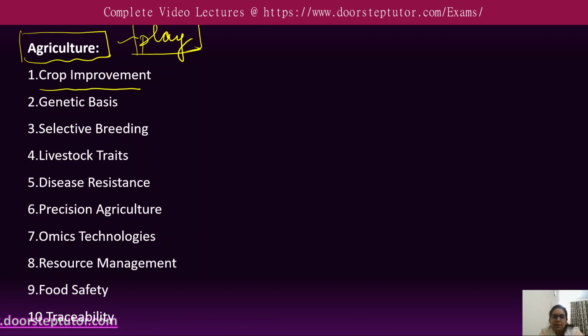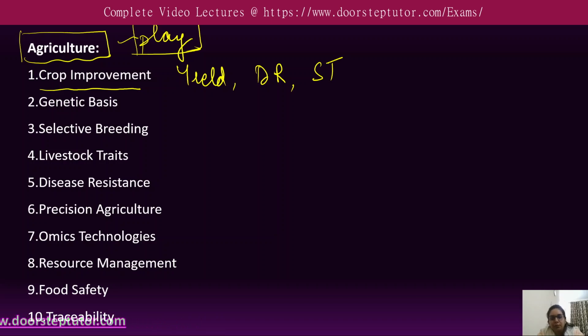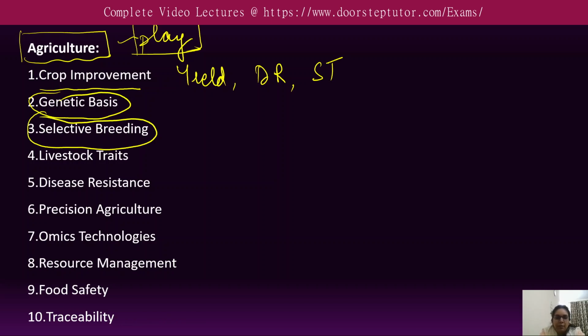Genomic tools help in understanding the genetic basis of traits related to yield, disease resistance, and stress tolerance in crops. This knowledge is used to develop improved varieties through selective breeding or genetic engineering, which is useful for the improvement of the crop.